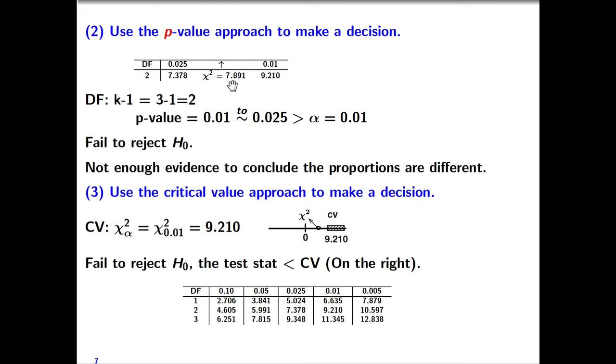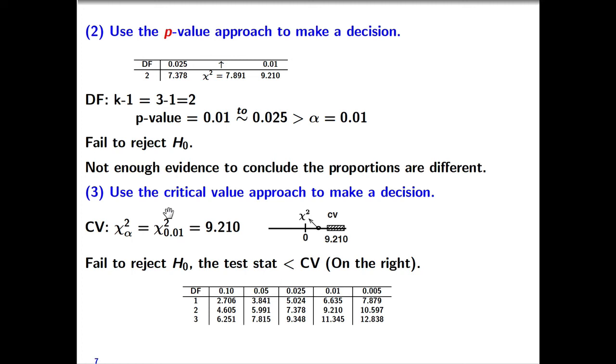So your probability range associated with your p-value will be between 0.01 and 0.025, which is greater than alpha equal to 0.01. So we fail to reject H0. Not enough evidence to conclude the proportions of customers who are likely to repurchase are different. And that's our concluding remark.